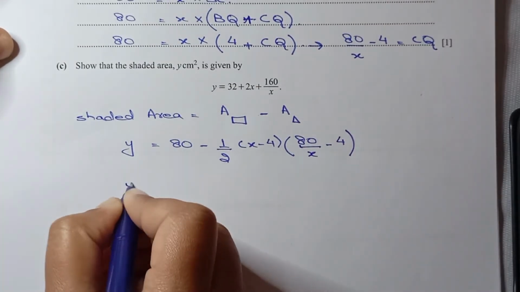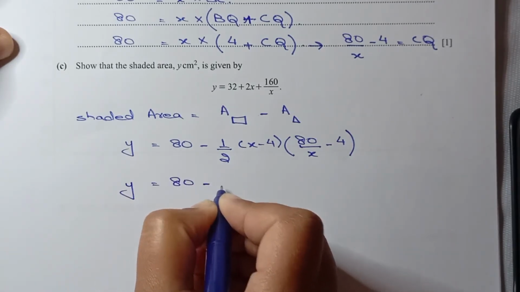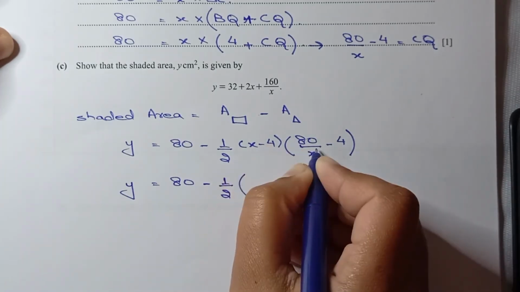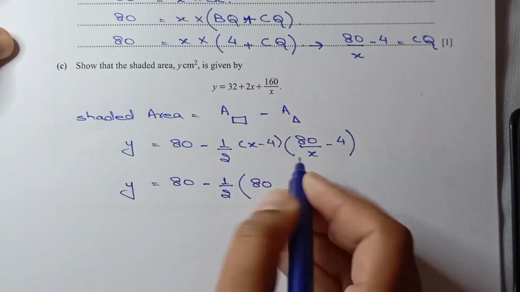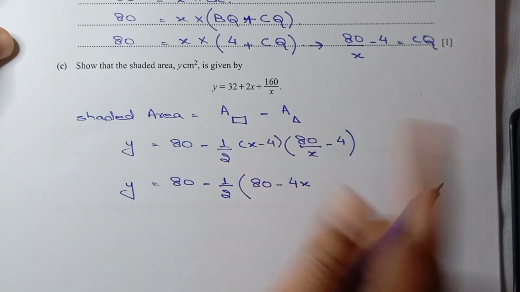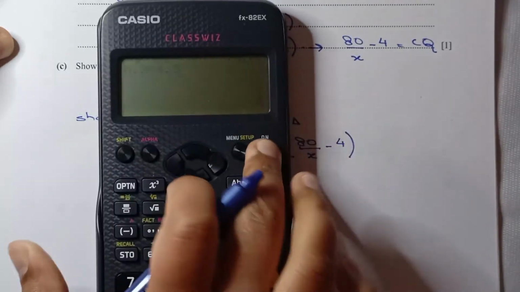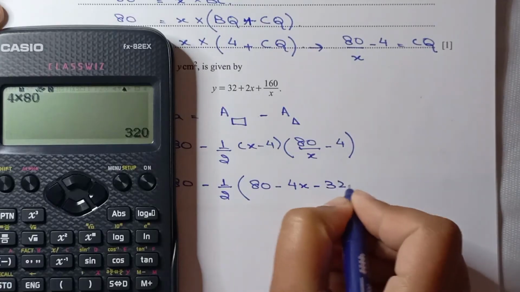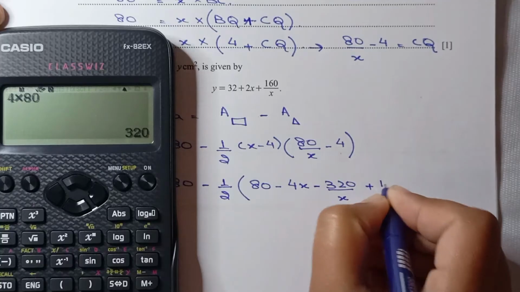So y would be equal to 80 subtract 1 by 2. X is going to multiply with this, x is cancelled with x, we are just left with 80. X times negative 4 is minus 4x. And minus 4 times 80 is minus 320 over x, right? And minus times minus would be plus, 4 times 4 is 16.